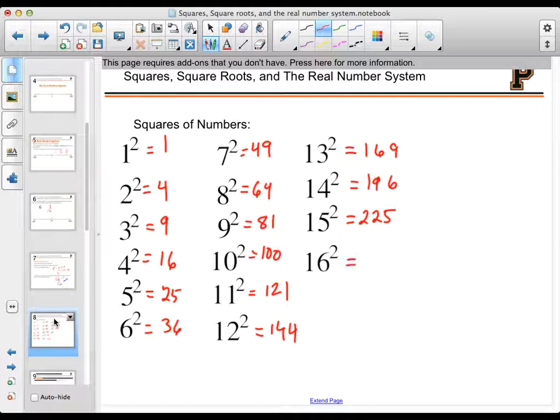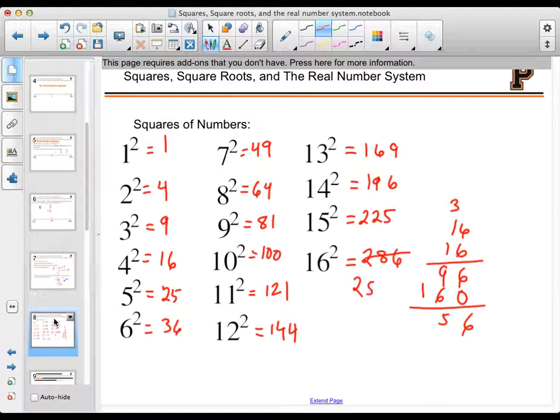And 16 to the second power, if I remember correctly, is 286. I might need to test myself on that one. 16 times 16 is 256. I knew it ended in a 6. But these are just the squares up to 16.